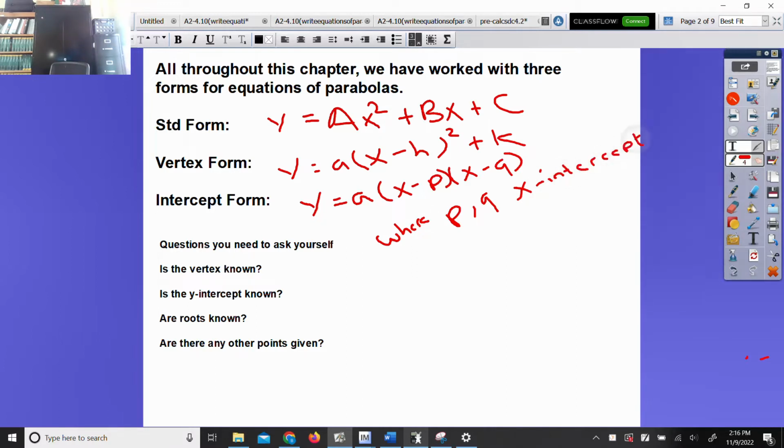You're going to see the wording for x-intercepts change a lot. There's 3 different common things. The first one is not because you live in the South. It's very common to call x-intercepts roots. Roots are x-intercepts, also known as zeros.